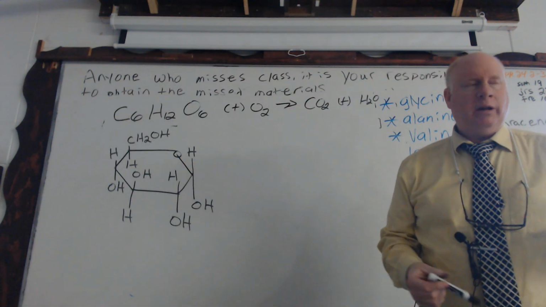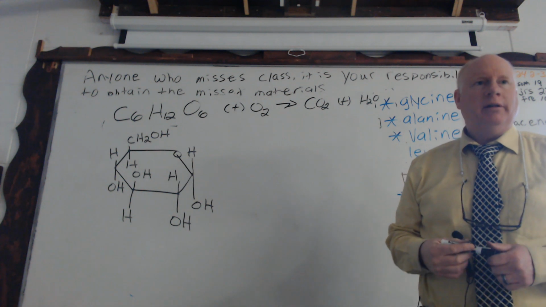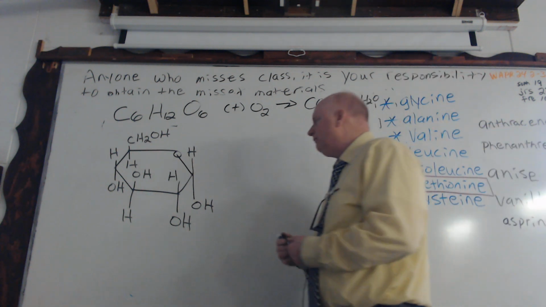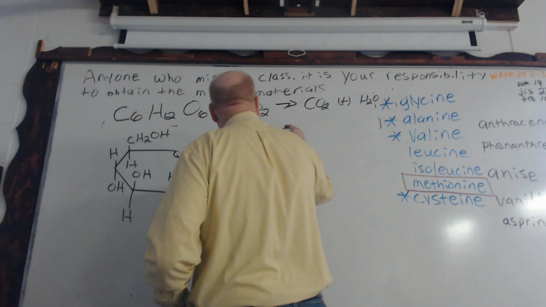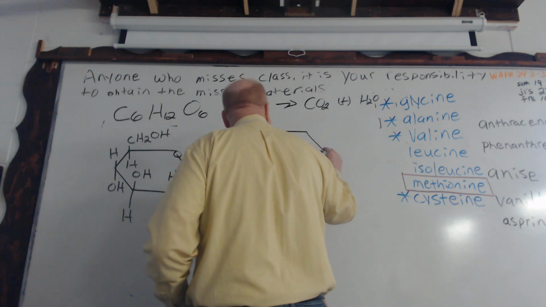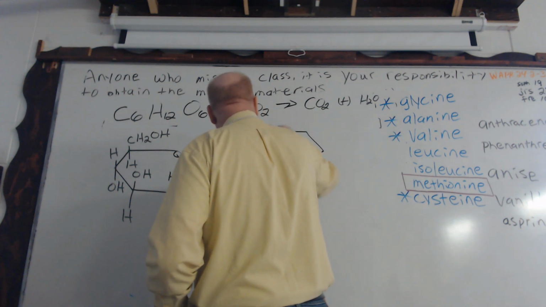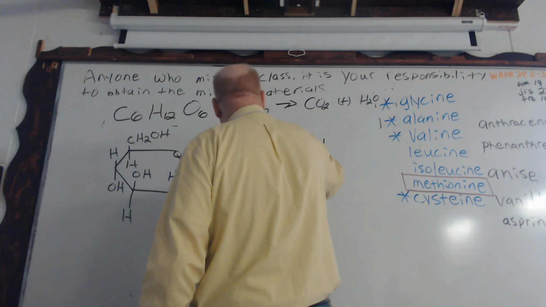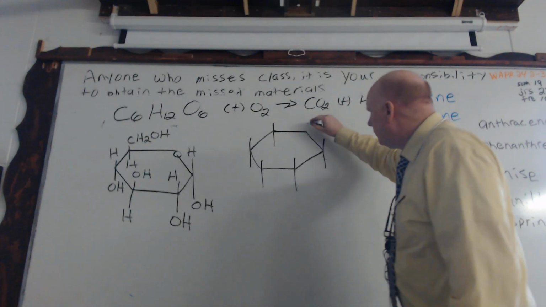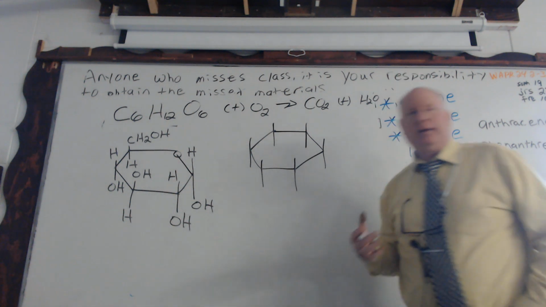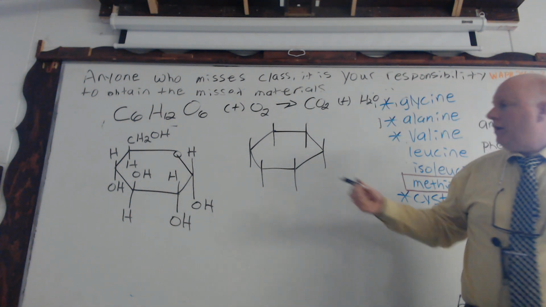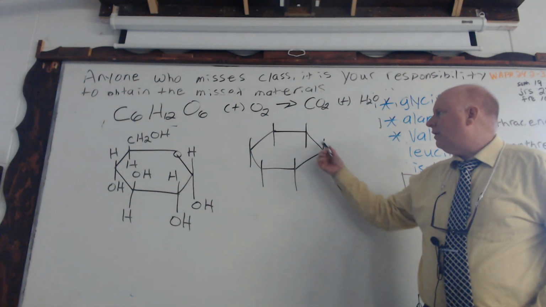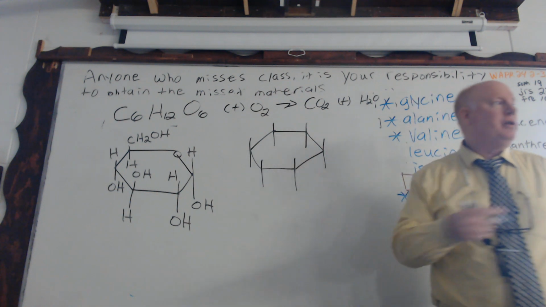Keep in mind, even if you're drawing cyclohexane, we know that it's a six-sided figure, right? And every intersection of these lines is accounting for which atom?